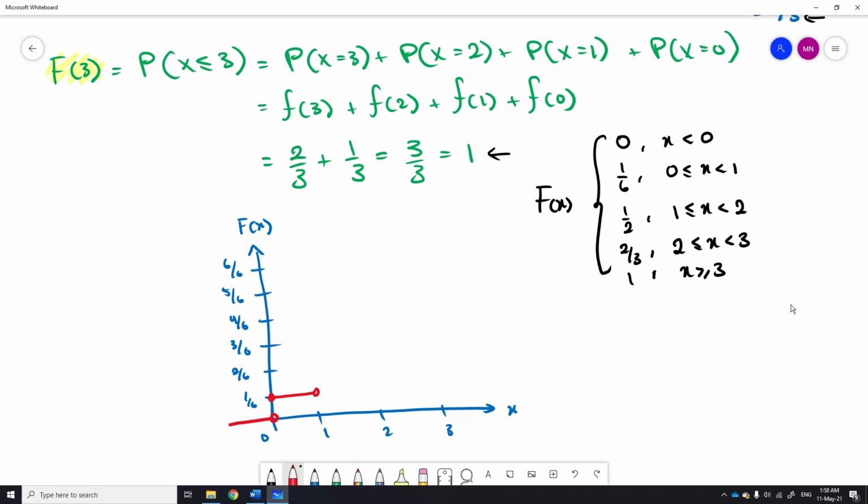So 1 over 2 is 3 over 6. Then 2 over 3, and then any value bigger than 3 is 1. Okay, so this is the graph.